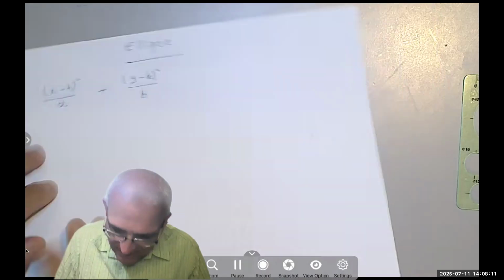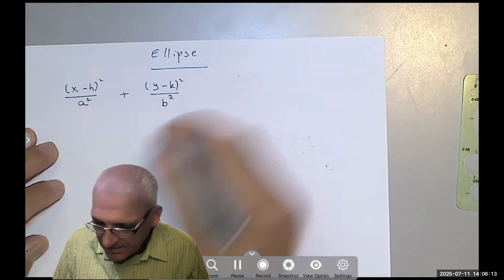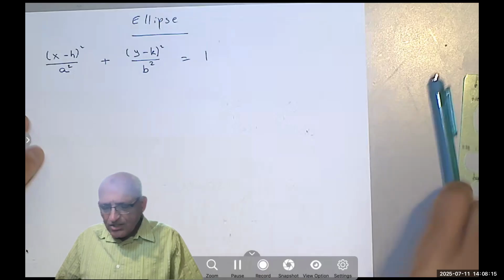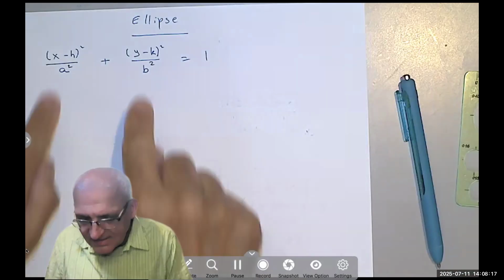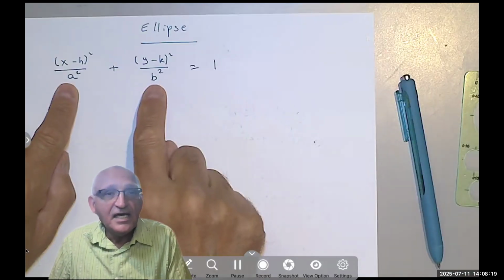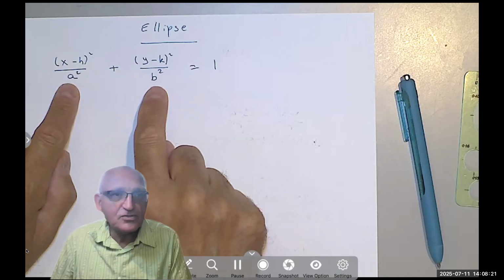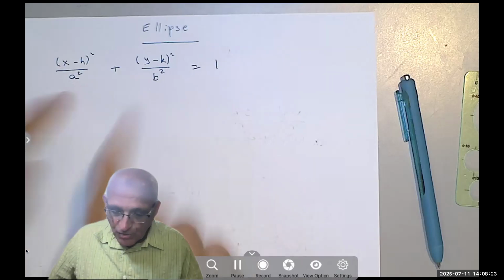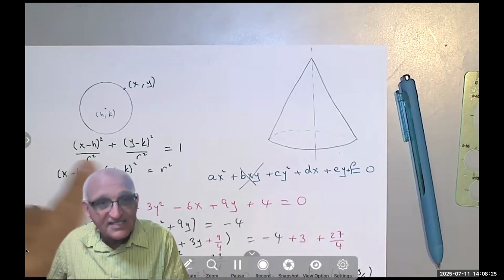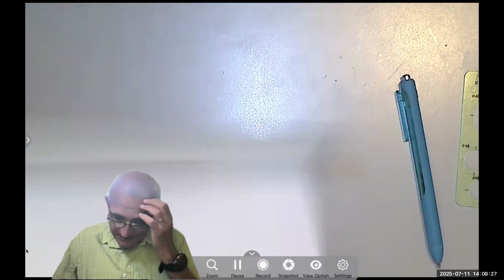Okay, so let's write this a square and b square equals 1. So what does that mean? It means that I'm dividing by two different values. Here I divided by the same value, which was the radius.